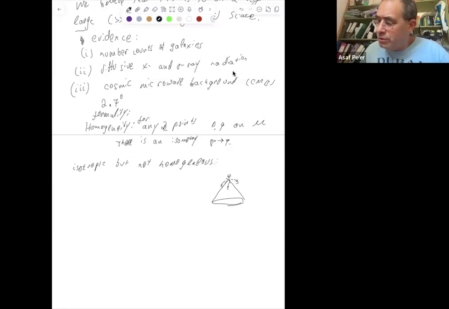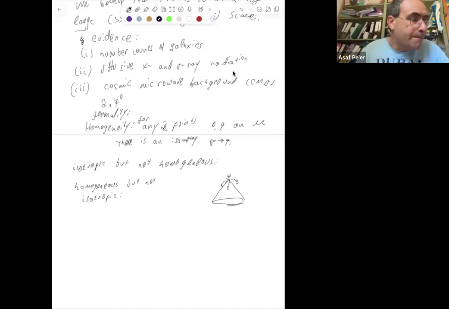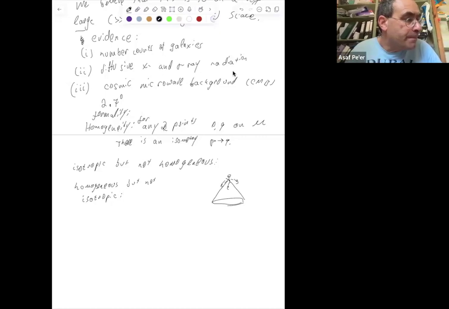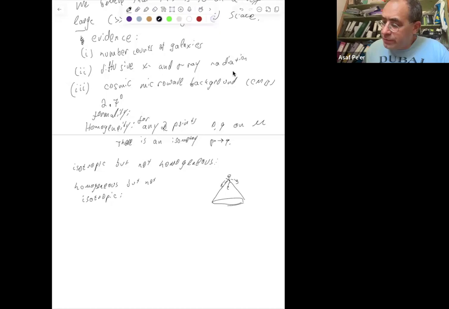What about homogeneous and not isotropic? Yes, if there is a preferred direction, if you have something that goes like that.